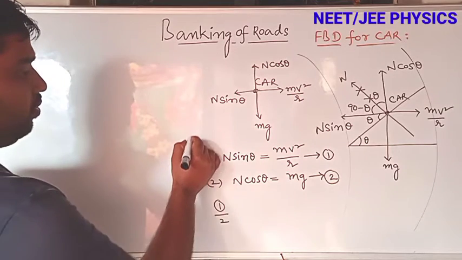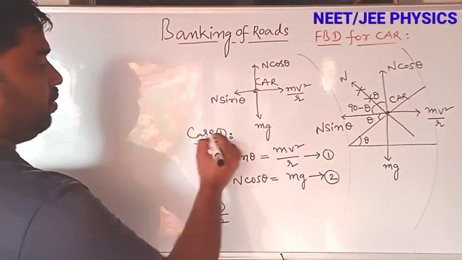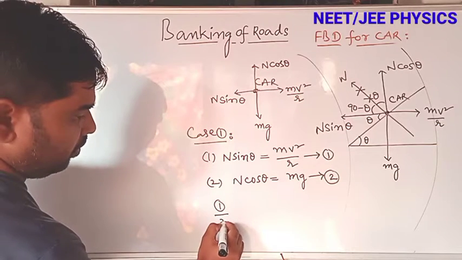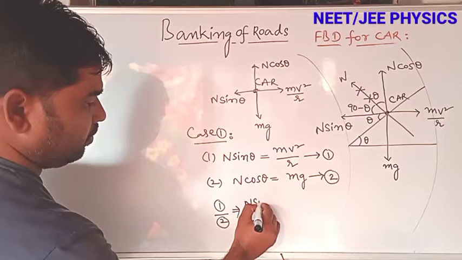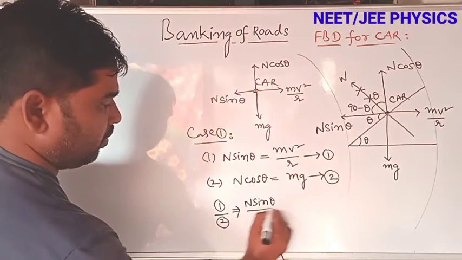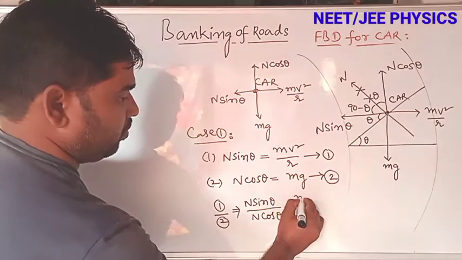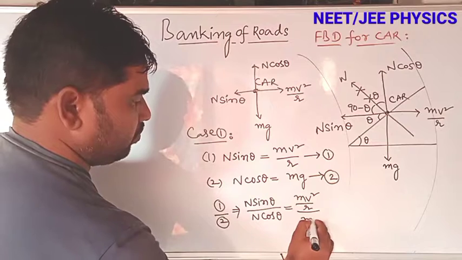Now take equation 1 by 2. This is case 1. N sin theta by n cos theta equals mv square by r by mg.